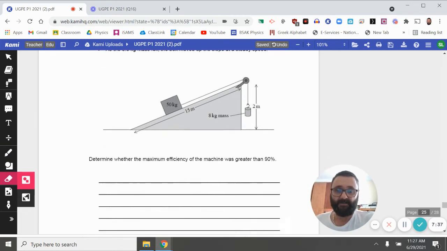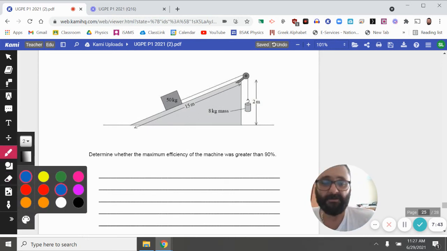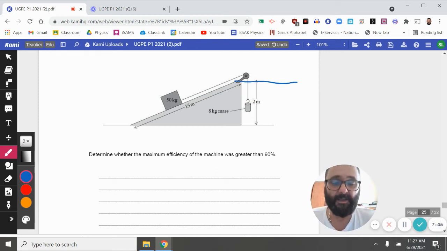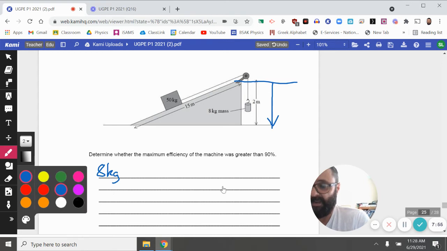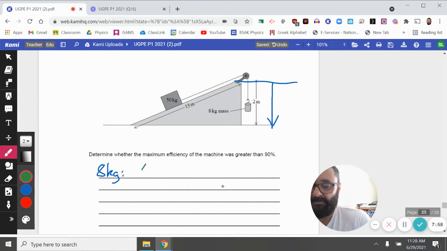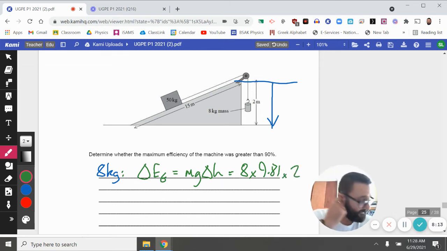How do we calculate these values? How do we calculate the loss in GPE? So this is fairly straightforward. Let's go from the top to the bottom. So the 8 kilogram mass is going to go from the top down to here. So for the 8 kilogram mass, the change in GPE is mg delta H, which is 8 times 9.81 times delta H, which is 2.